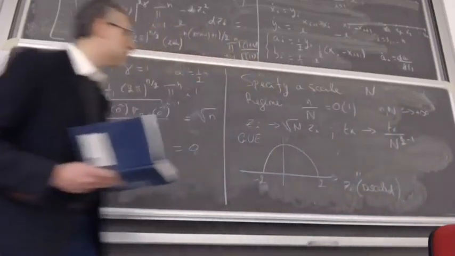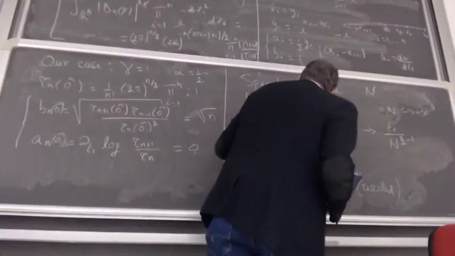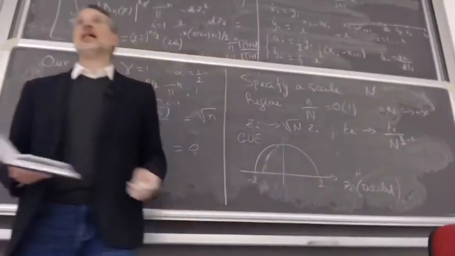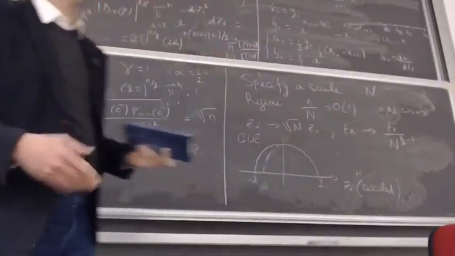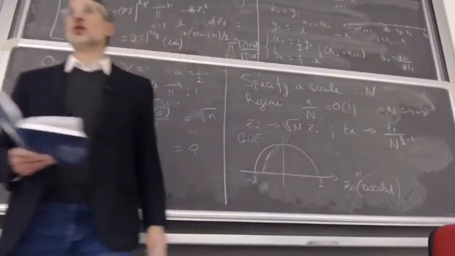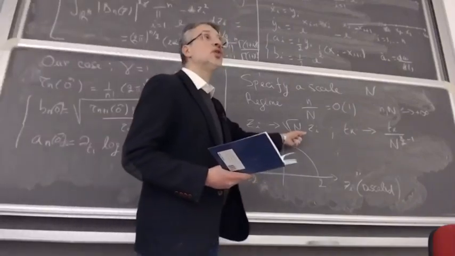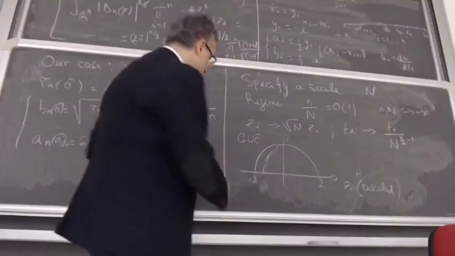It doesn't quite look like a semicircle, but my drawing is not the best. It should be a bit more like this. And this is necessary because otherwise the magnitude of the eigenvalues would just go to infinity as we increase the size of the matrices. In the right scaling, in order to find this compact support, is the square root of n. I'm using the same rescaling that you would require in the absence of interactions.